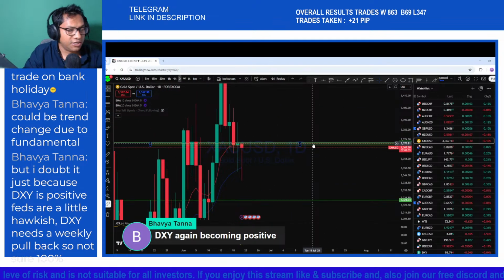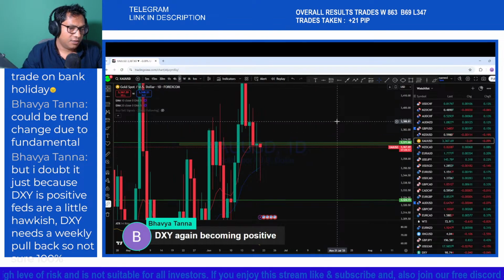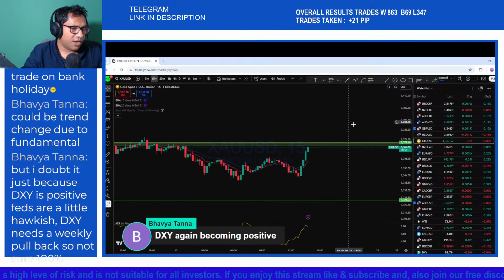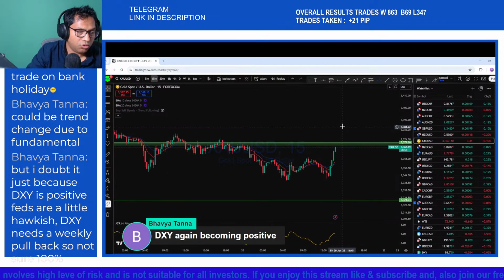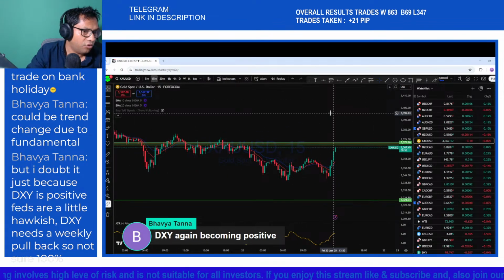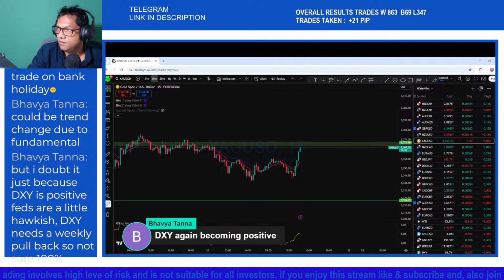Now almost at the daily resistance line, we need to look at whether this move is a trend change or just a liquidity grab and then returning back again.